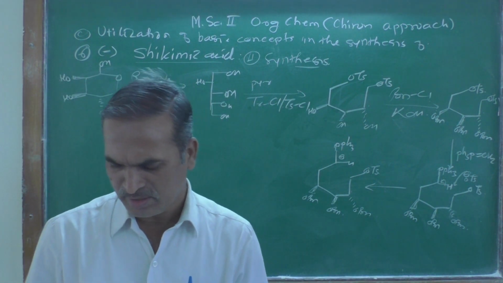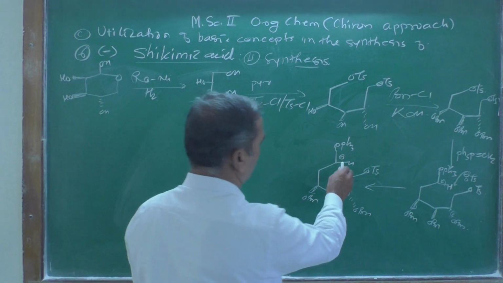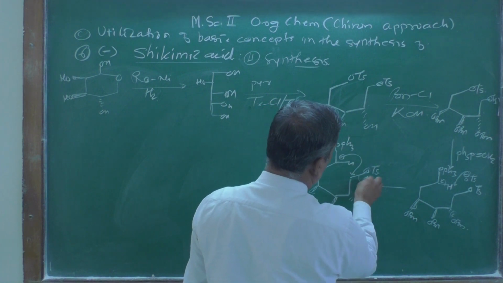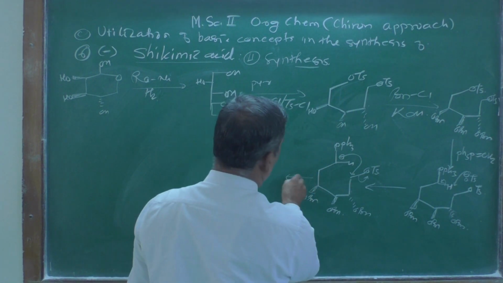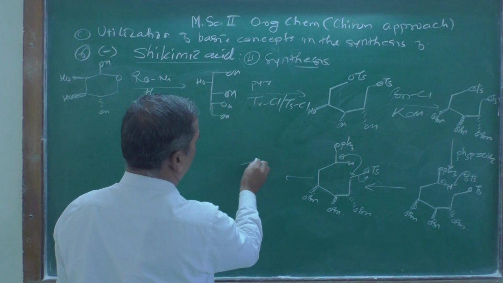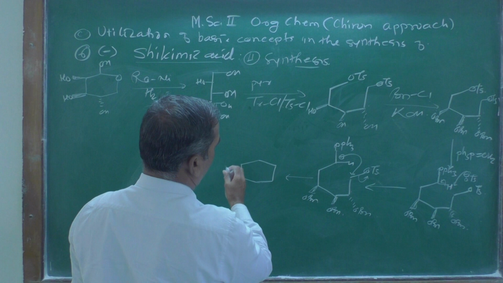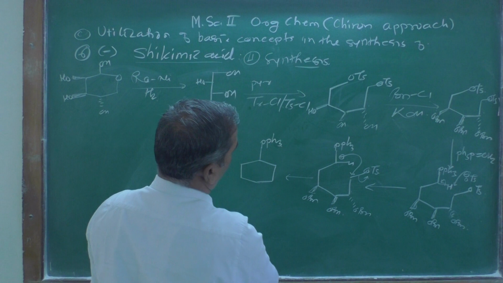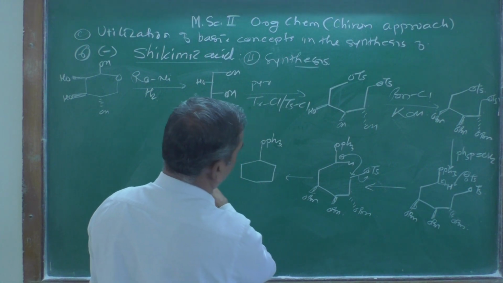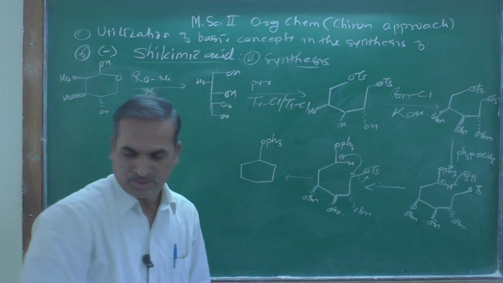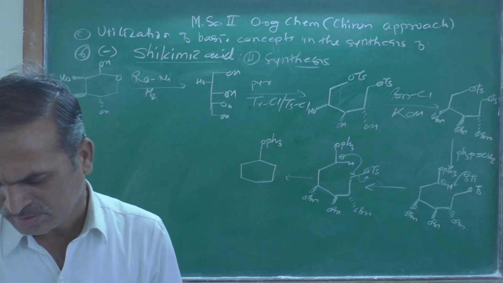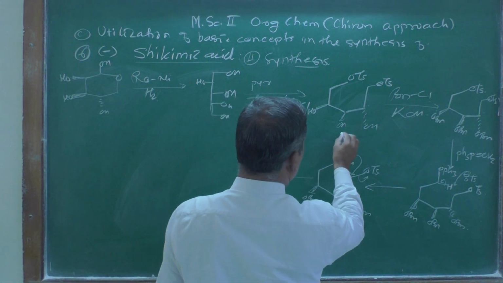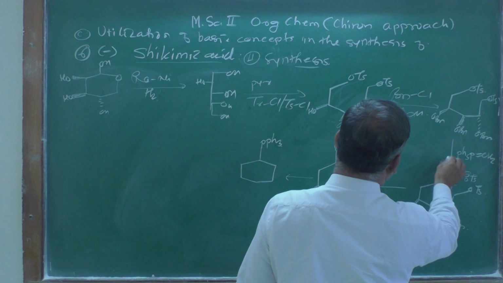Now that carbanion is what we can call a stable one. It is going to attack this OTS, and this gets removed. We are going to get formation of the 6-membered ring like this. Here we are going to get PPh3 over there, and here will be a positive charge, right?